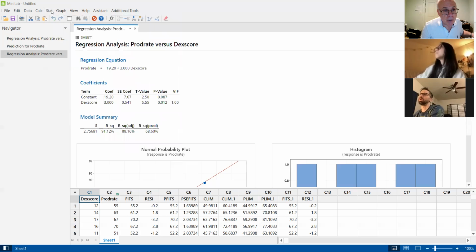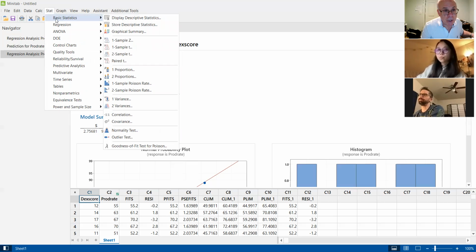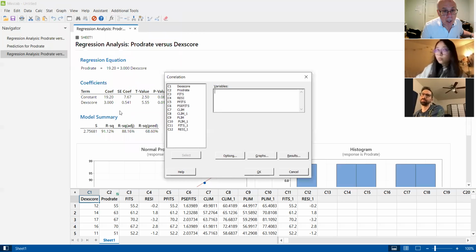Then you can type in the two variables that you want the correlation to be about. So in this case, it would be C1, C2. You could probably highlight both of them and select. Then click OK.